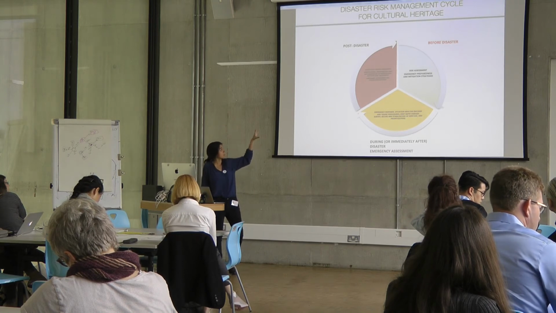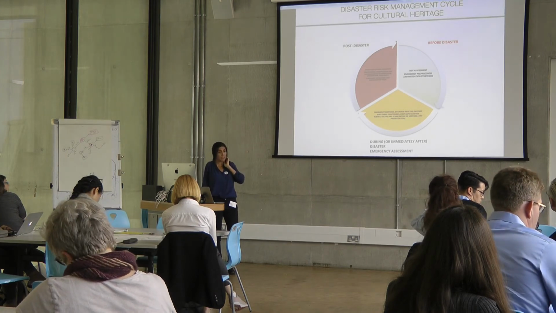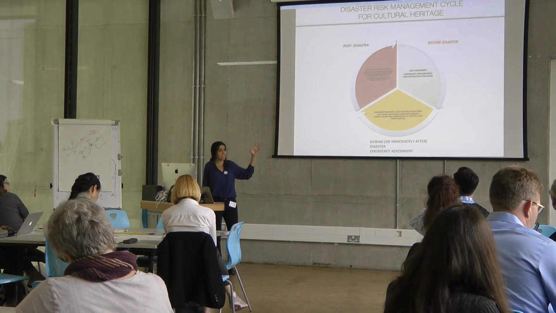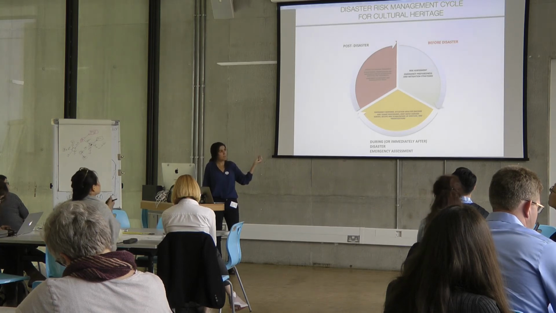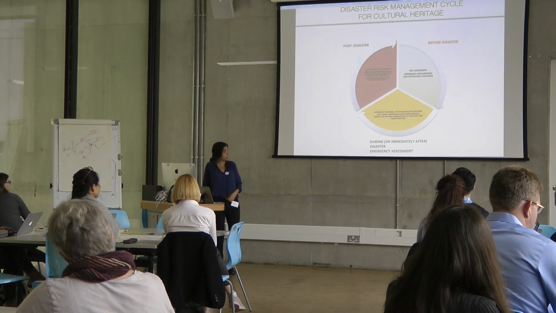This is the cycle of risk assessment that we use in heritage management mainly for emergency assessment, but it's also applied to before a disaster, or how to mitigate a disaster, or mitigate the effect of a disaster if the disaster itself cannot be stopped.